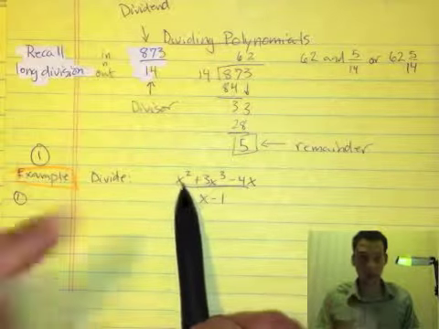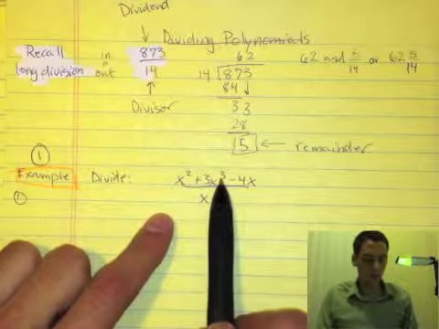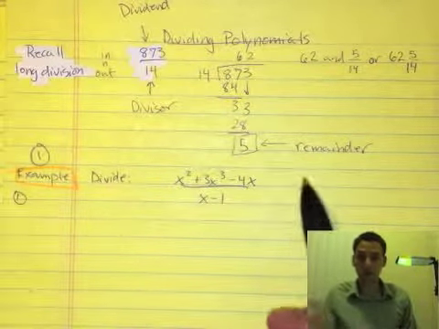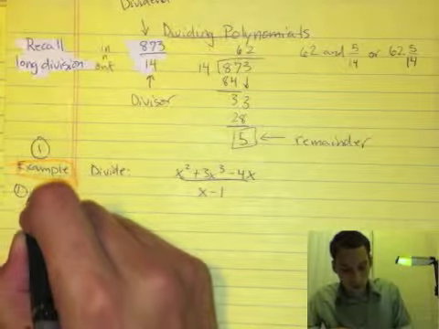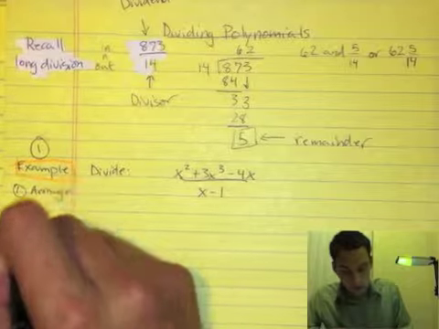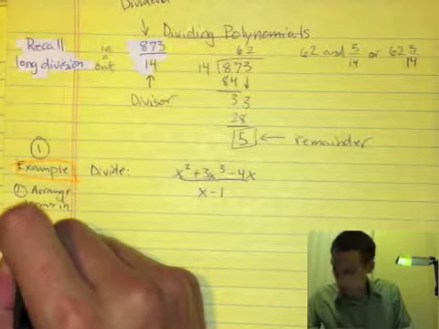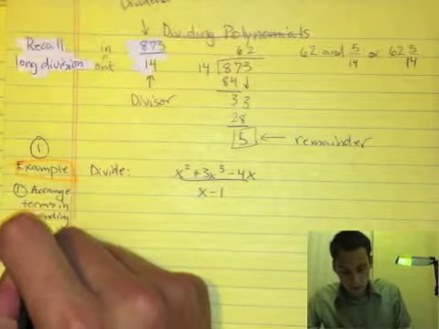Descending order of their powers is what I mean, or their exponents. 2, and then here's a 3, and then a 1. We want it to go 3, 2, 1, or just descending order. So first one is arrange terms in descending order.